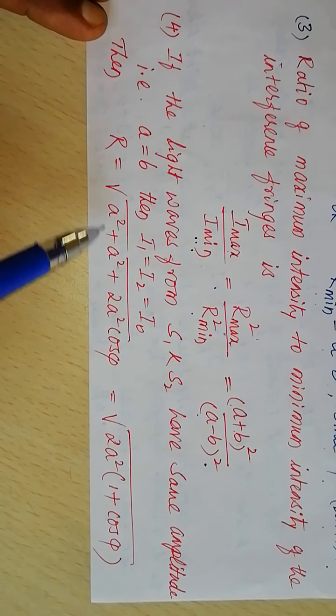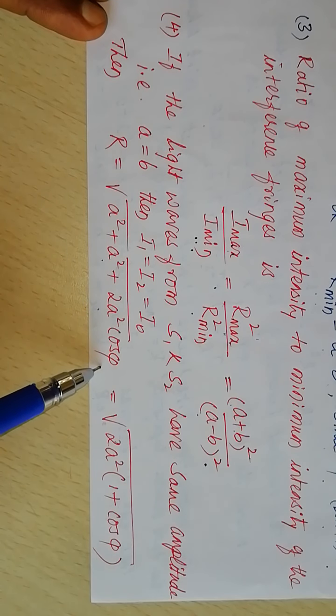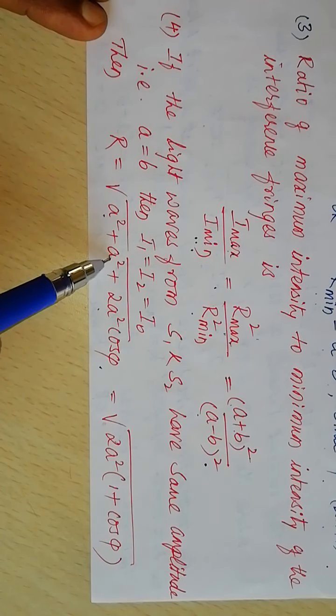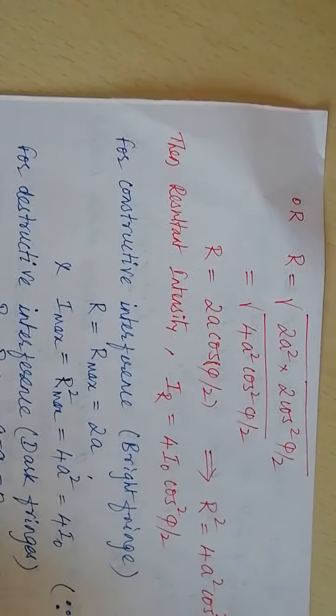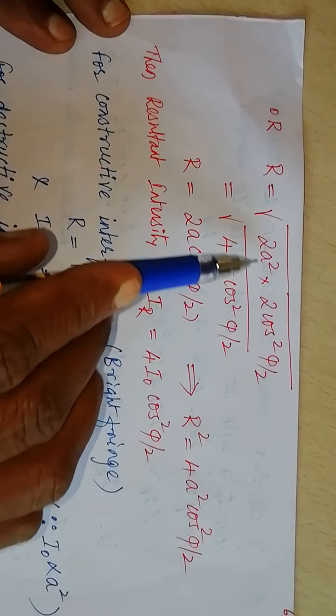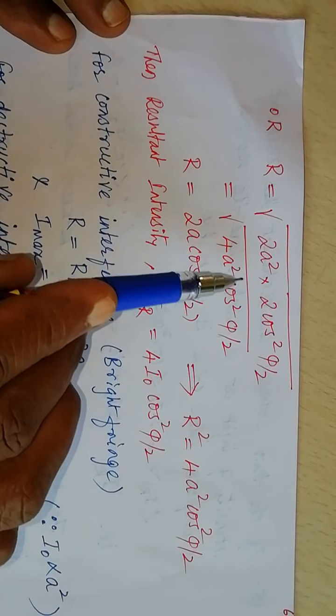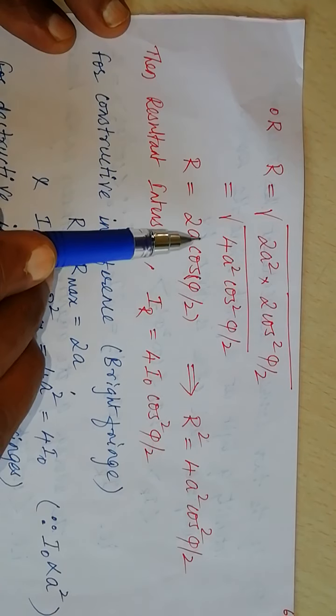Then resultant amplitude becomes A square plus A square plus 2A square cos phi, which is 2A square into 1 plus cos phi. R square equals 2A square, 1 plus cos phi can be written as 2 cos square phi by 2.